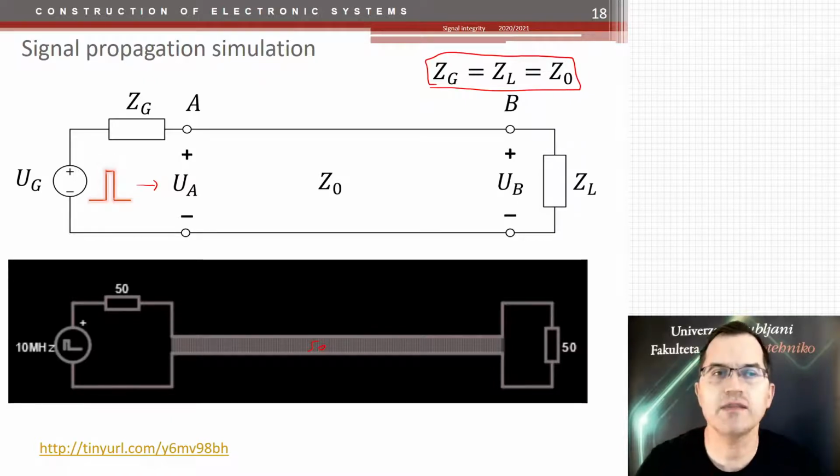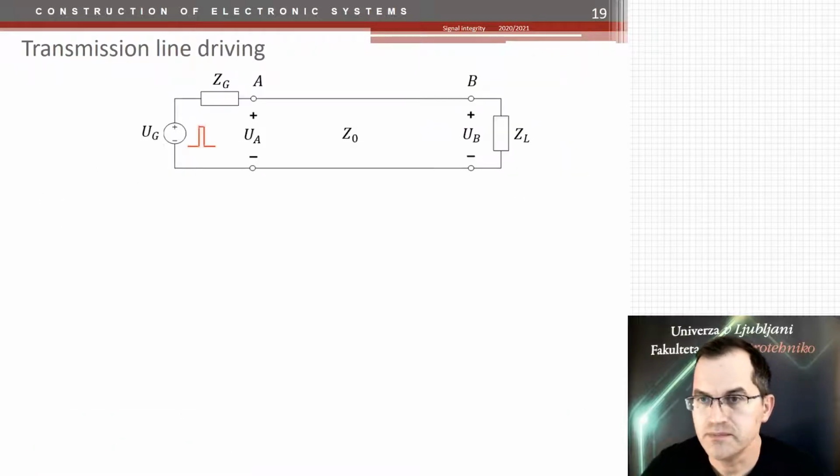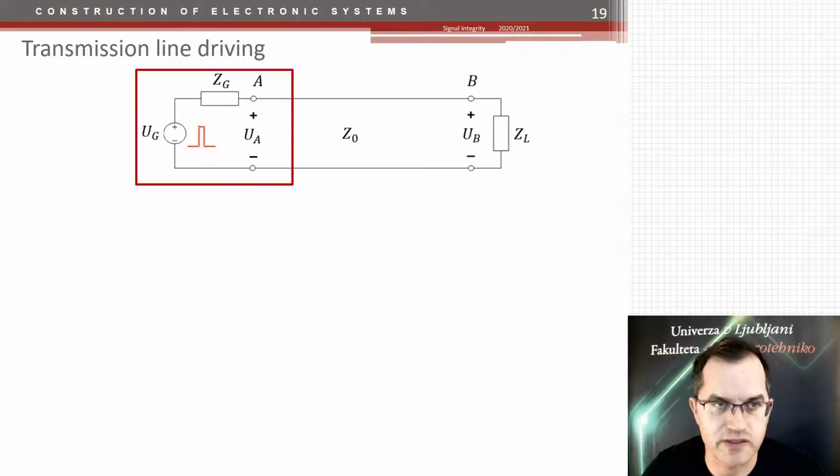So now let me analyze that traveling of the signal a little bit further. The first question you should ask yourself is, what is the amplitude of the signal on the line? Well, we have to look at the generator side. So we have the generator here.